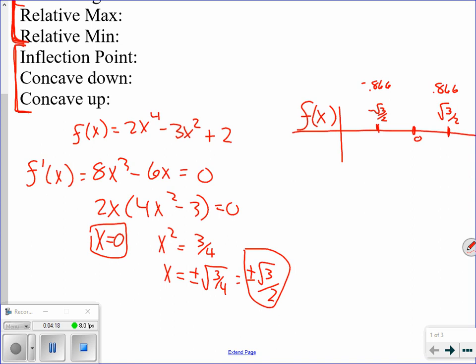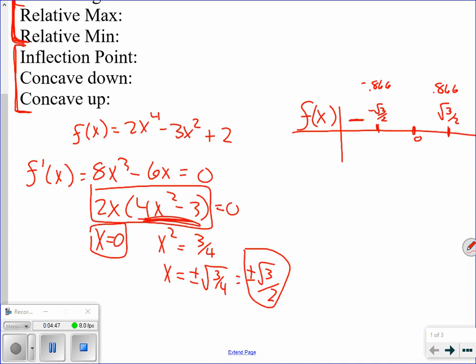All right, so I'll test these values in the first derivative here. So maybe I'll test a point to the left of negative 0.866, maybe like -1 or -2 or something like that. And if I plug something into that, this is going to be a negative number times, in the parentheses, a positive number if I plug in something big enough. So the negative times a positive is a negative.